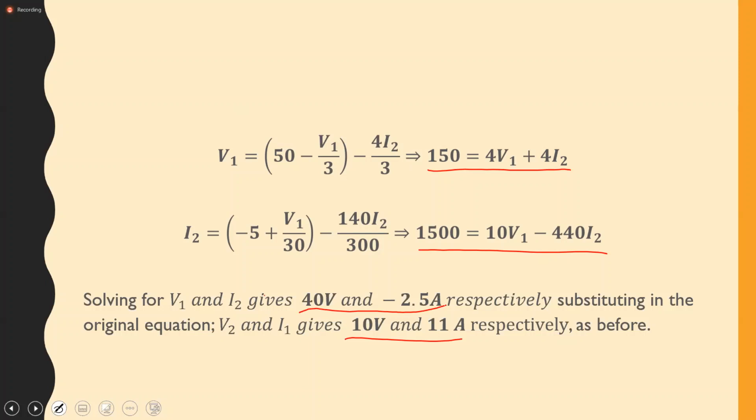Now, if you go back to the naming, we had H11, and we said that that was the input impedance. H12 was our reverse voltage gain.